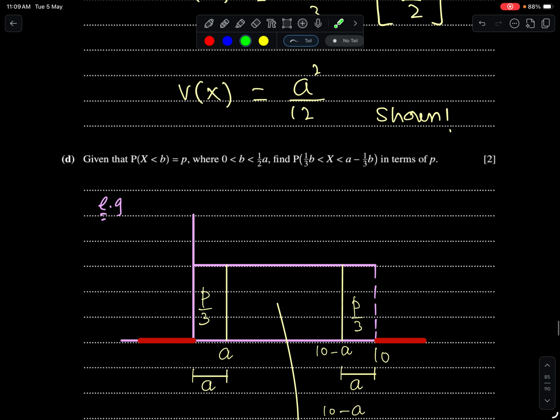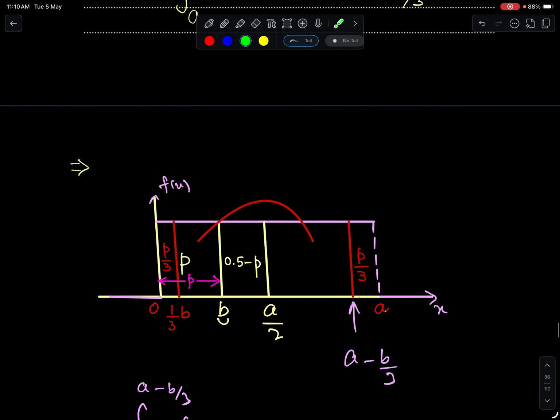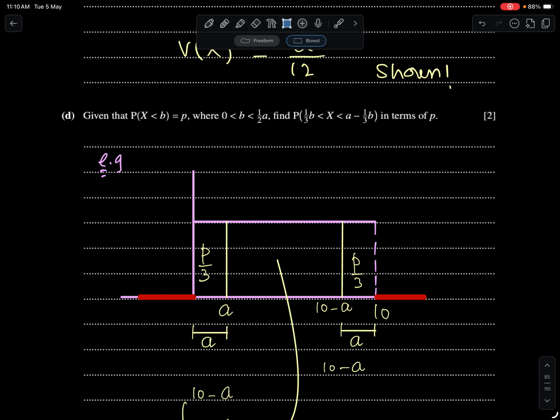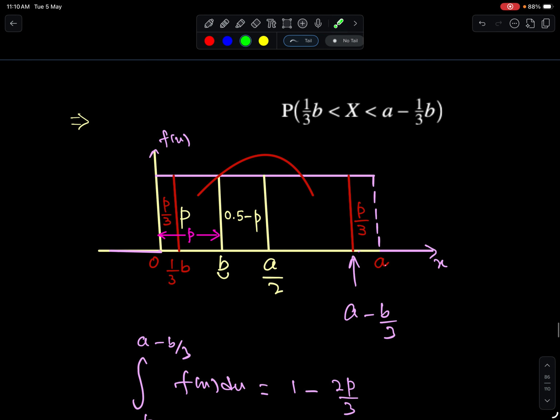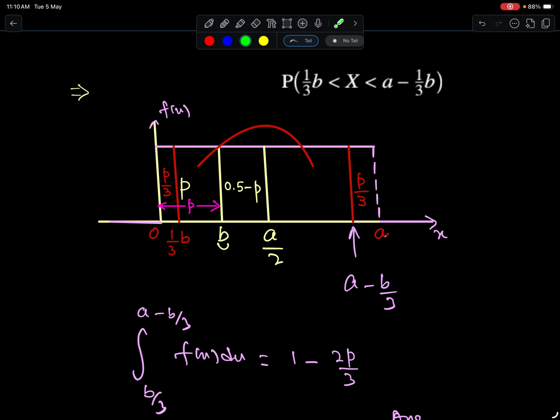Now we need what? We need the probability of x greater than b upon 3 and less than a minus b upon 3. Let me copy this. We need this area. This is b and we need 1/3 of b. So divide this in 3 parts: 1, 2, 3.